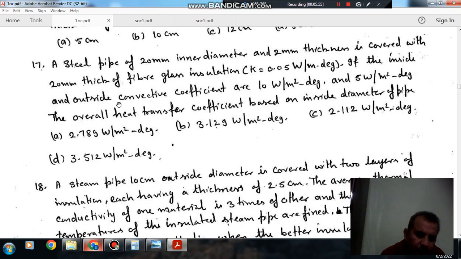If the inside and outside convective coefficients are 10 watt per meter square per degree and 5 watt per meter square per degree, the overall heat transfer coefficient based on inside diameter of the pipe is option A 2.789 watt per meter square per degree Kelvin, option B 3.129, option C 2.112, and option D 3.512 watt per meter square per degree.